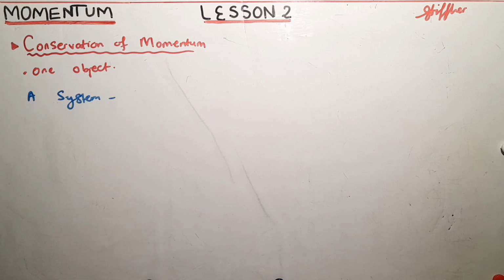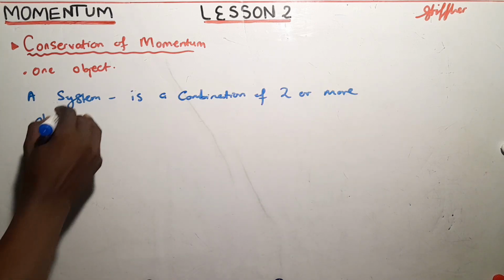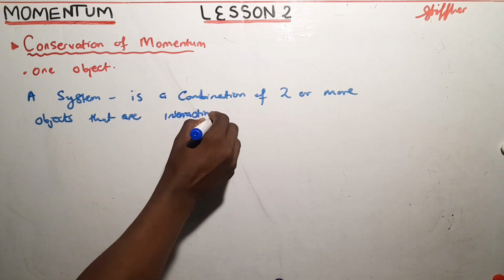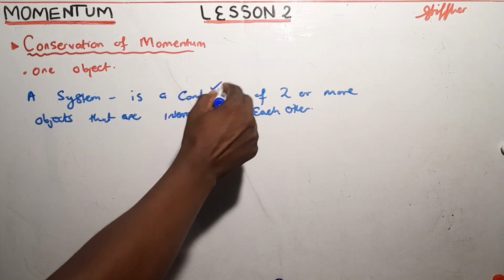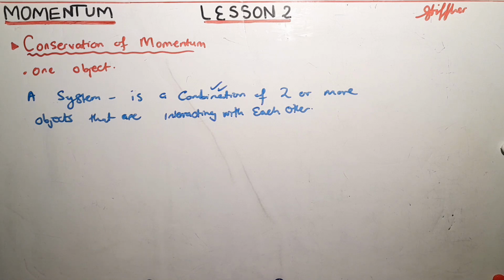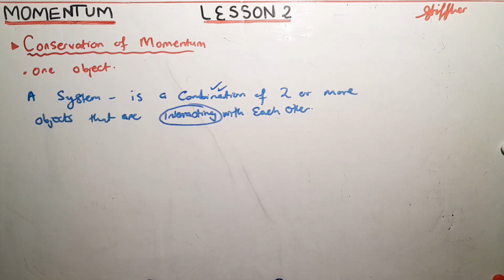So one might ask, what is a system? A system is a combination of two or more objects that are interacting with each other.